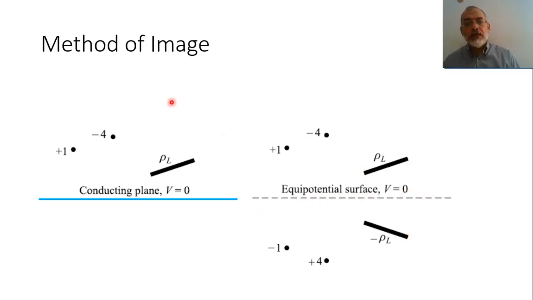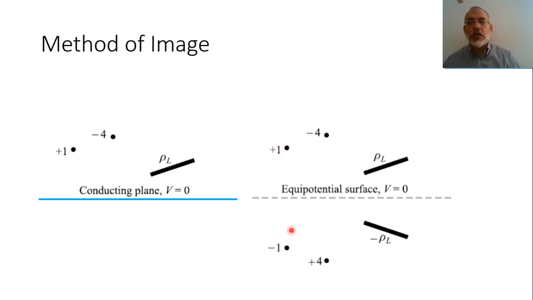So if I have a problem including charges, either point charge, line charge, surface charge, or volume charge distribution above a conducting plane, we can replace this problem by an equivalent problem of the image, such that every charge has its own image, which is the negative of the original charge.